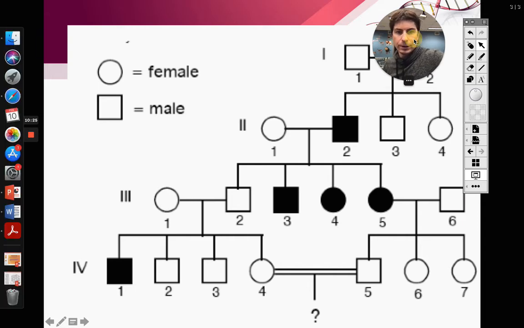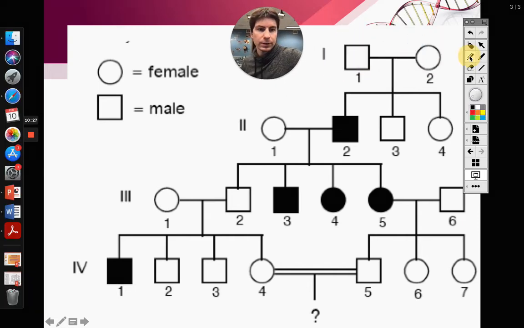Let me show you right here. Get myself out of the way. So we know that if it's filled in, for a recessive one, it is little r. Okay? If we had both of our parents filled in, every single kid would also be filled in.